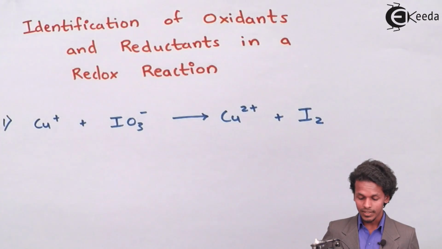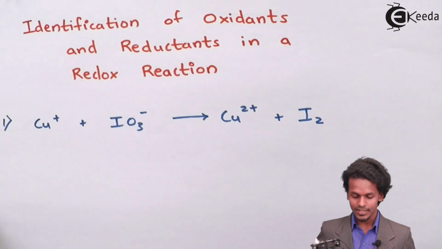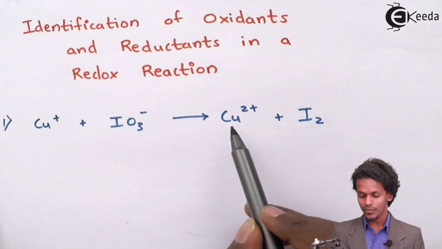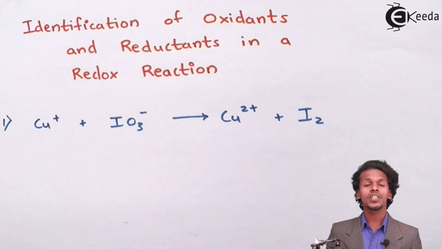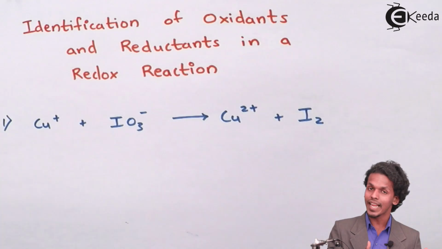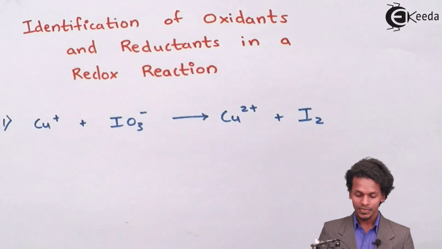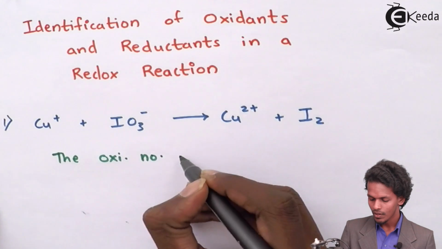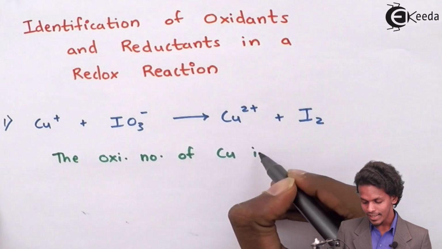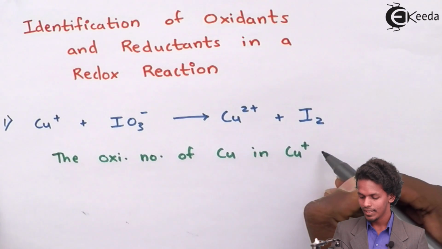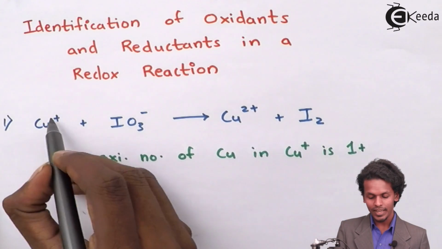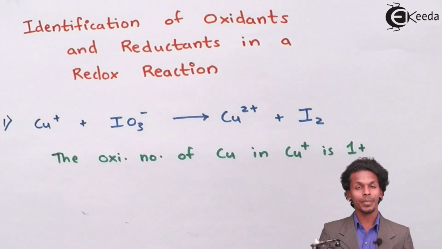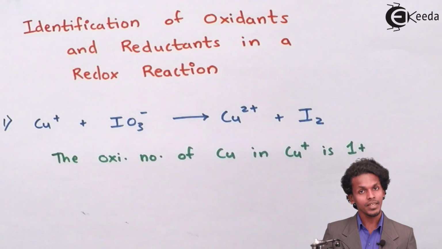This is the molecule that has been given on the reactant side, that is Cu+ and IO3-, that should give you Cu2+ and I2. First of all, we have to determine the oxidation number of each reactant as well as for the product. The oxidation number of Cu in Cu+ is 1+, because by observing the charge present on the copper, we could determine that the oxidation number of the copper will be +1.